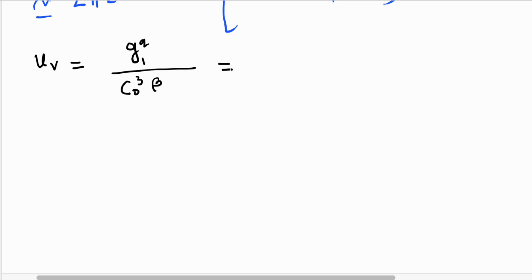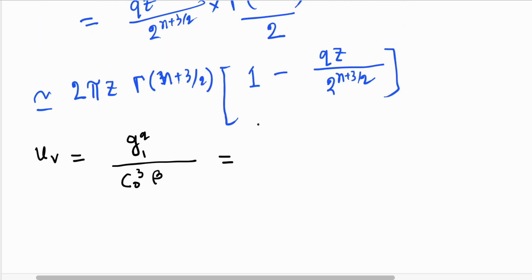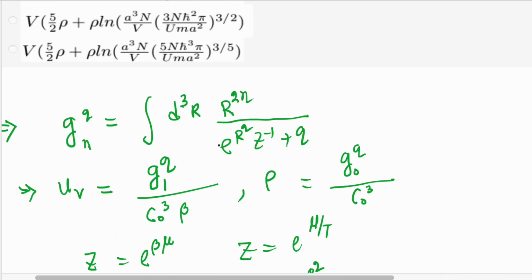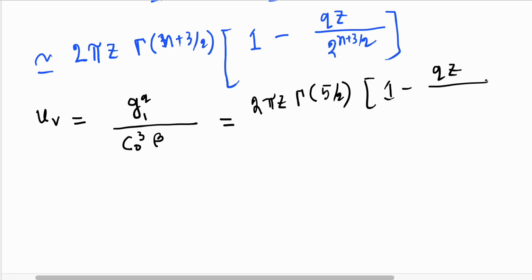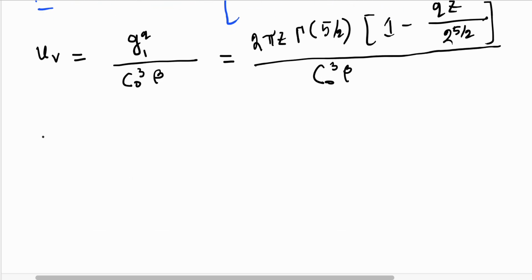What is g1q? g1q will be, if we put 1 in place of n, since this is the expression for g n q, so we'll get 2 pi z gamma 5 by 2, 1 minus qz by 2 to the power 5 by 2, pi, c0q beta.